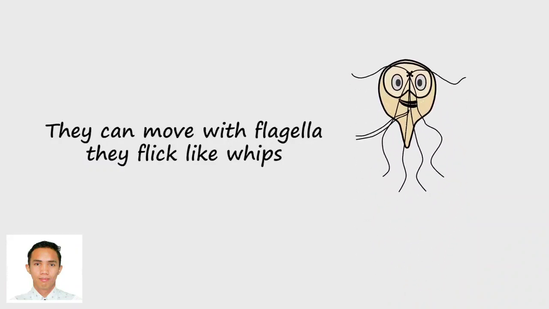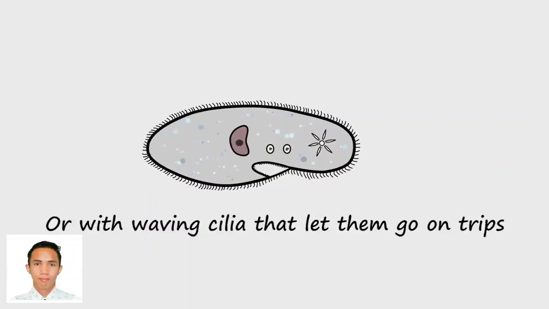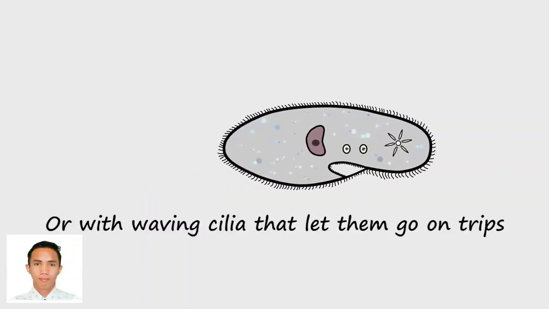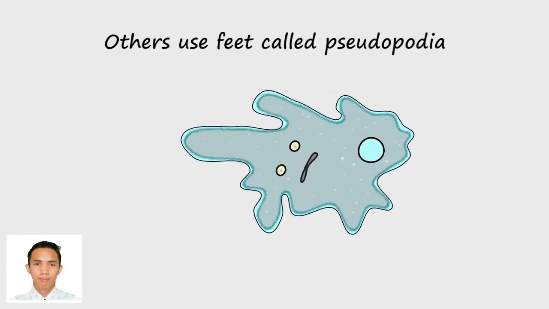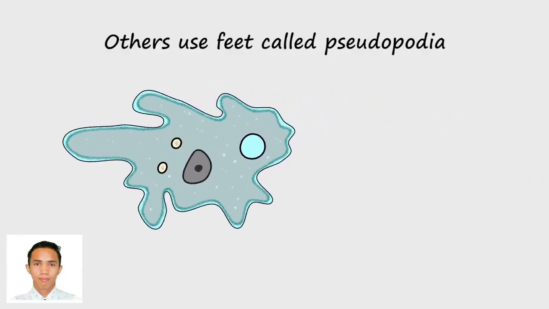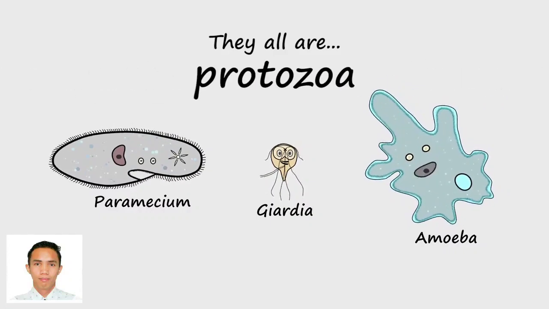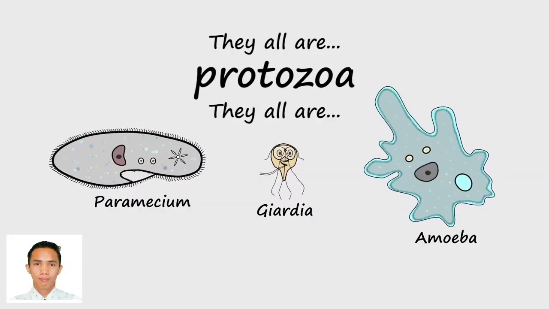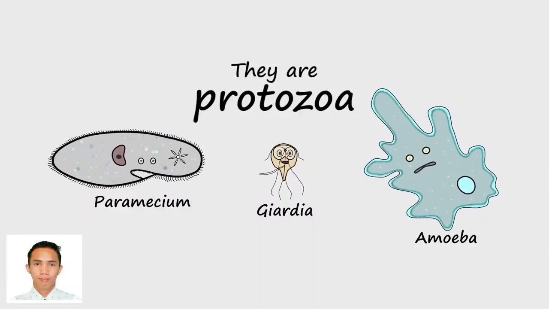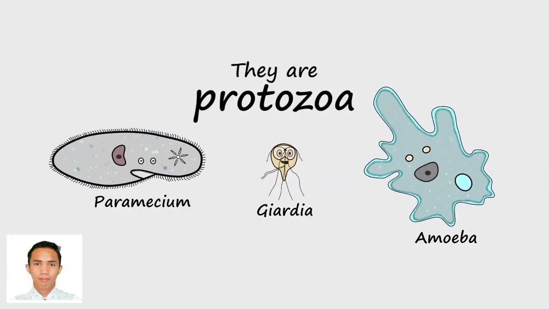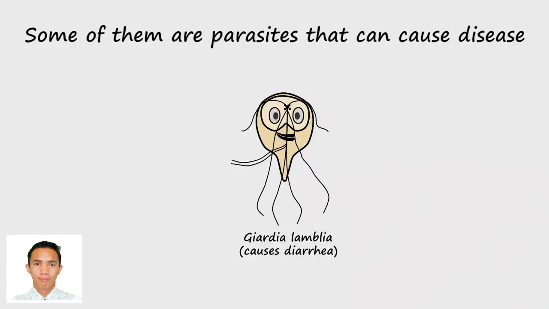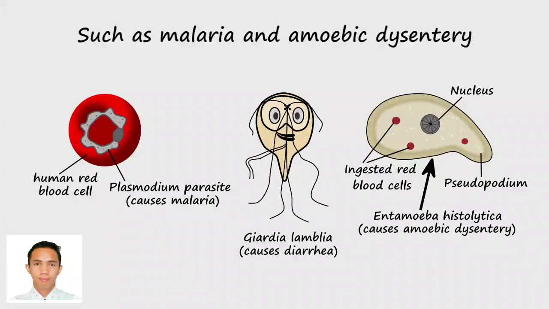They flick like whips, or with waving cilia that let them go on trips. Others use feet called pseudopodia. Some of them are parasites that can cause disease, such as malaria and amoebic dysentery.